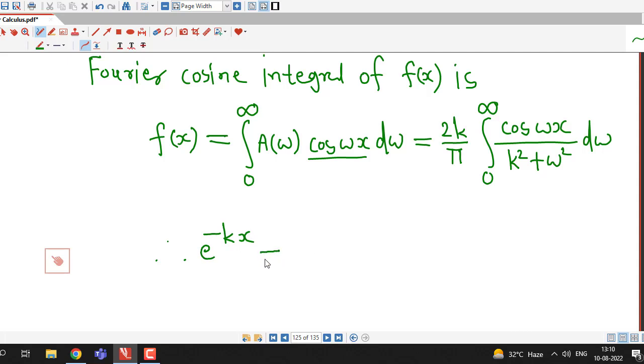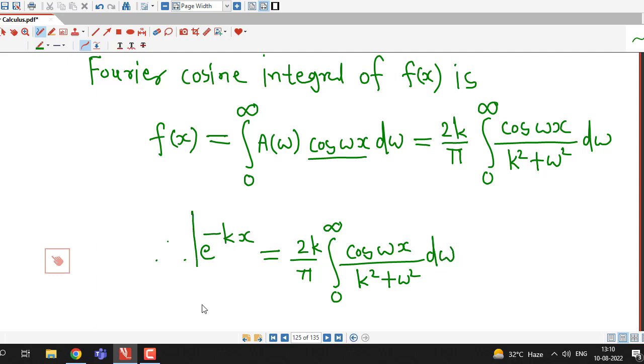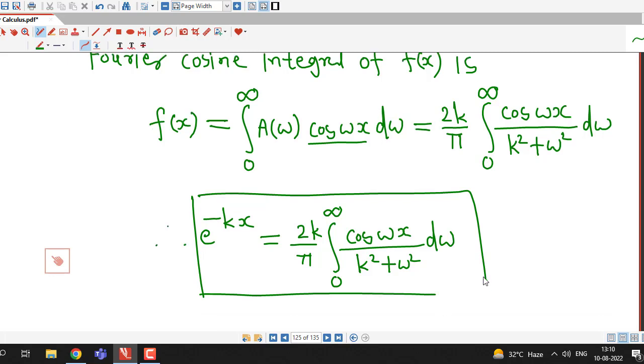So we have expressed e raised to minus kx as a Fourier cosine integral from 0 to infinity of cos(omega x) divided by k square plus omega square d omega. This is the Fourier cosine integral of the given function.